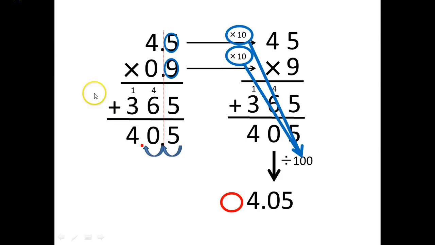Because now we have 2 numbers on the right of the decimal point in the final product, and that matches the number of numbers on the right of the decimal point in the original number sentence. So those numbers should match. Now we have a product 4.05 which matches with this product here, so that is also the correct product.